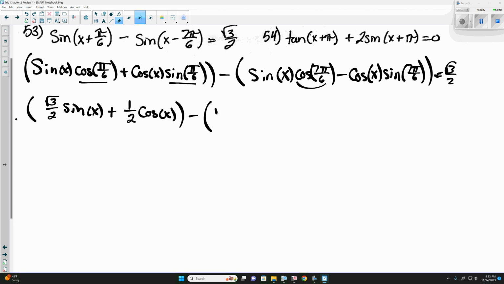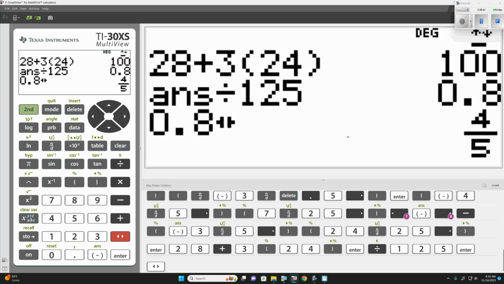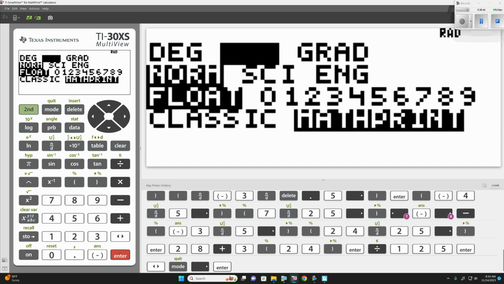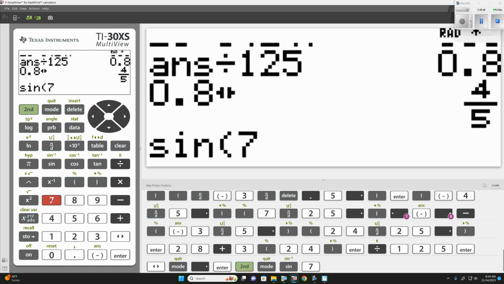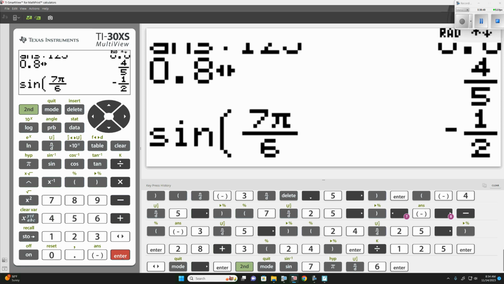Because we're down in the fourth quadrant. Yeah, so or no, wait. We're back over here. They're both negative. So negative square root 3 over 2 for cosine, sine of x. Okay. Minus sine of 7 pi over 6 is negative 1/2 cosine of x.